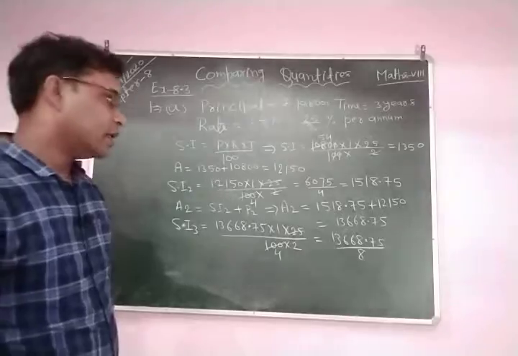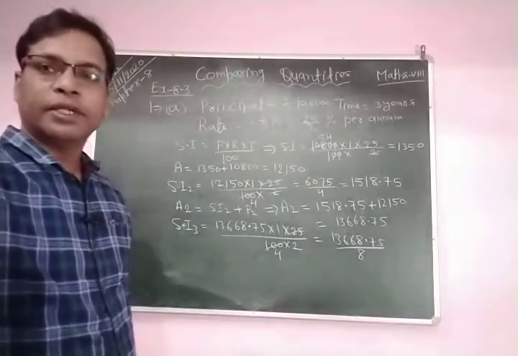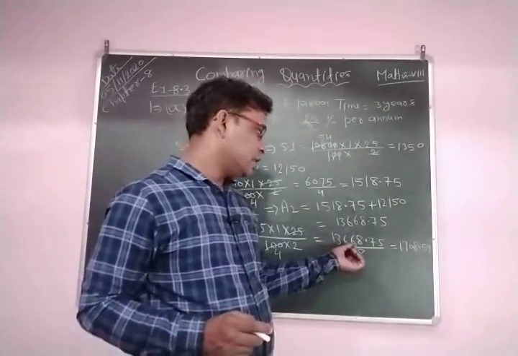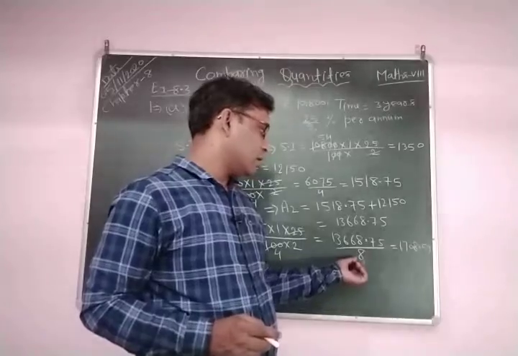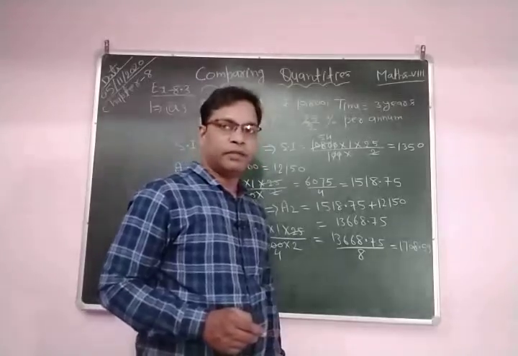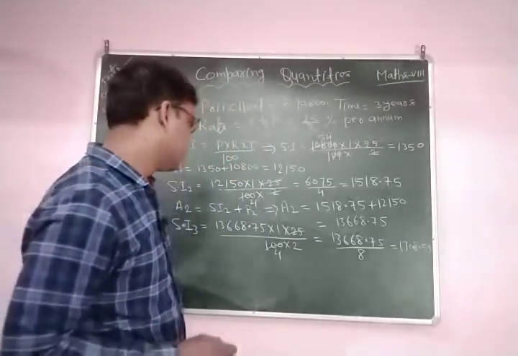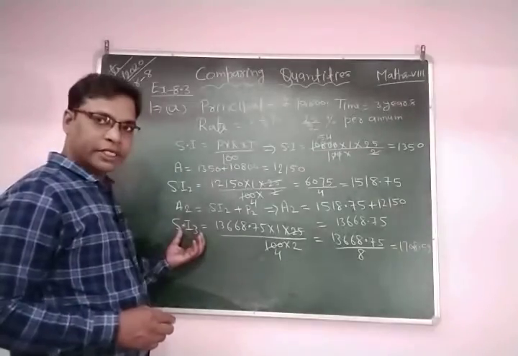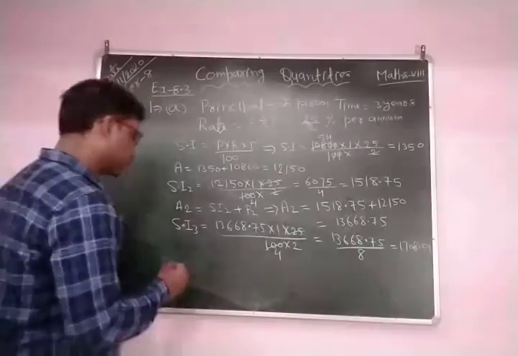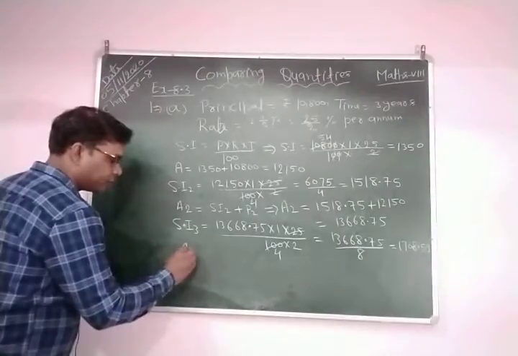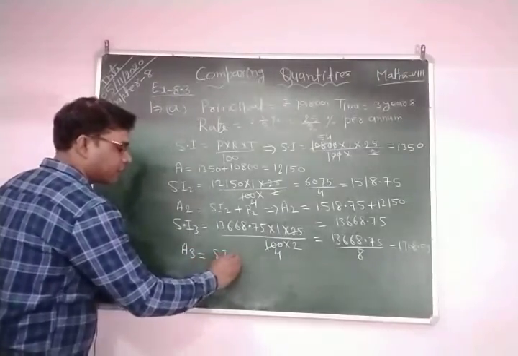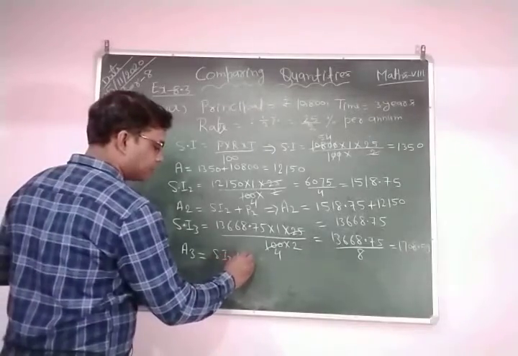If you divide 13,668.75 by 8, then you obtain 1,708.59, approx. So this is the simple interest for third year, but we need to find amount for third year. So amount we write here A3 for third year. This is equal to simple interest plus principal.